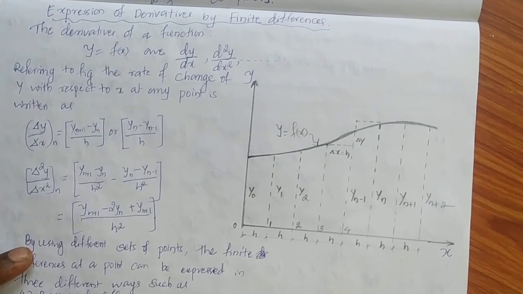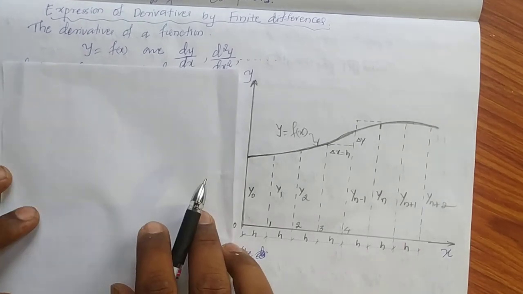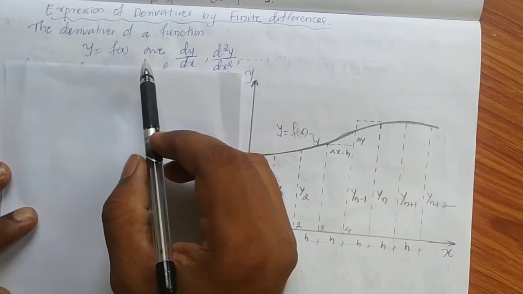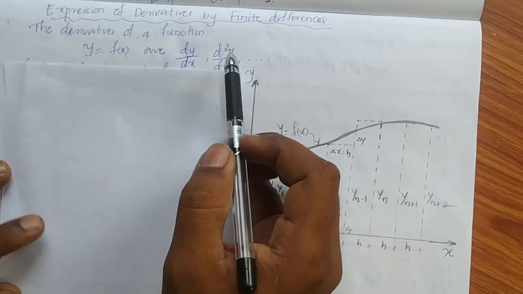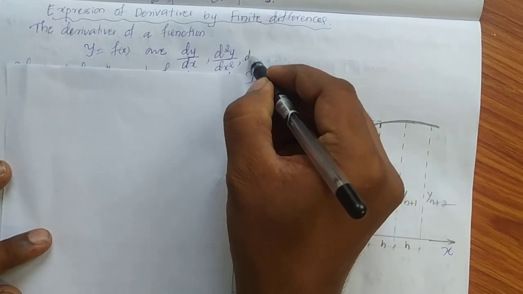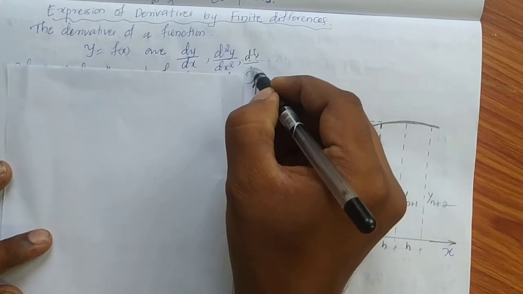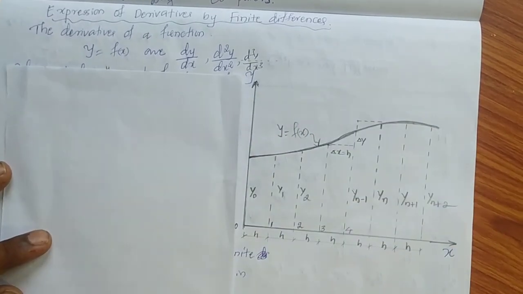Here the value y is represented by f of x. The derivatives of y is equal to f of x will be dy by dx, the second derivative d2y by dx square, and the third derivative d3y by dx cube. Likewise there will be higher derivatives.